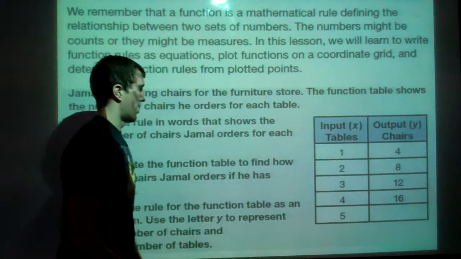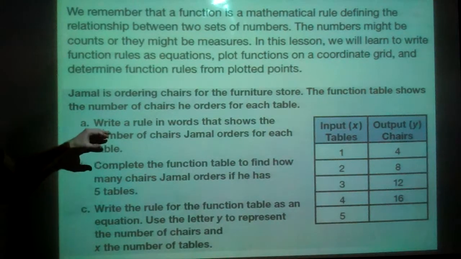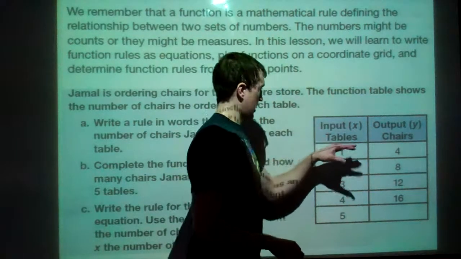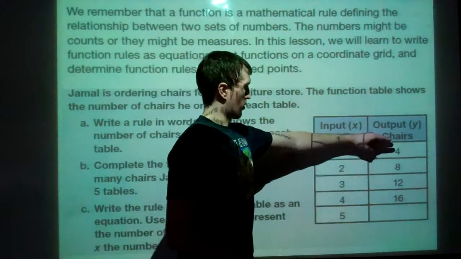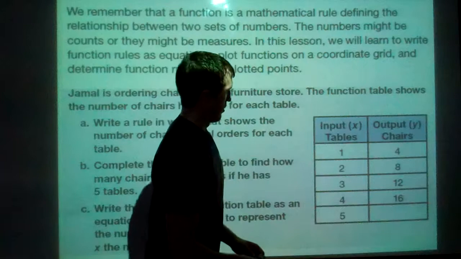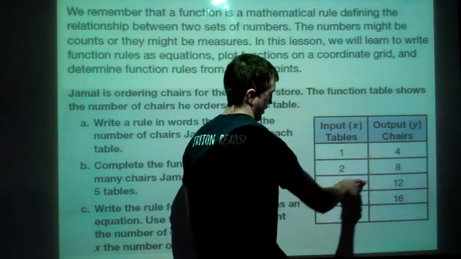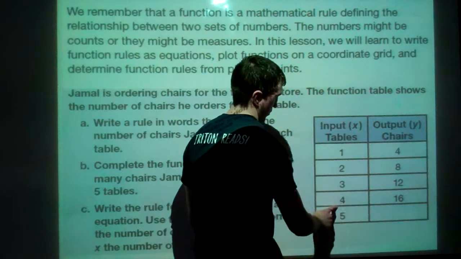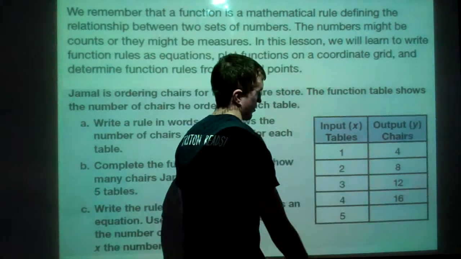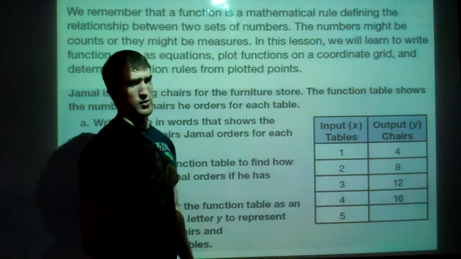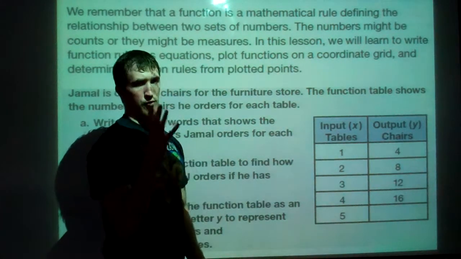So it looks like for every table we have, we're going to have 4 chairs. Let's look at it as we go down. If we have 2 tables, that means we're going to have 8 chairs. 3 tables, 12 chairs. 4 tables, 16 chairs. So it looks like we're going by 4s here. Or basically, every table is going to have 4 chairs.